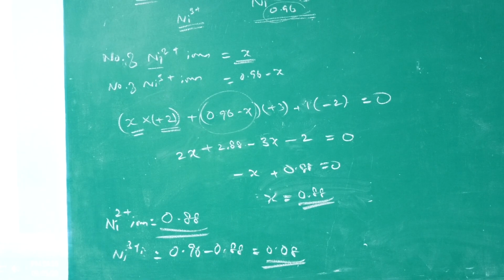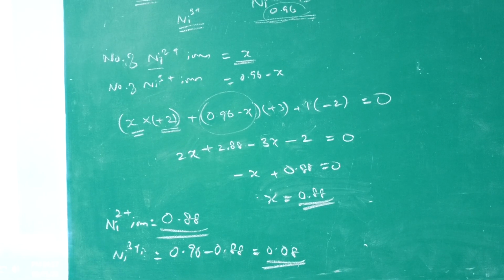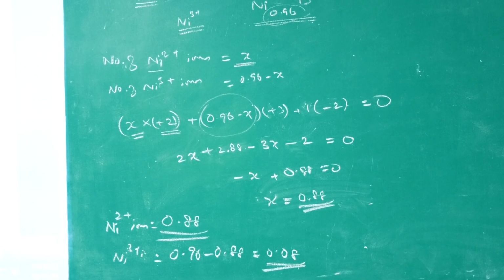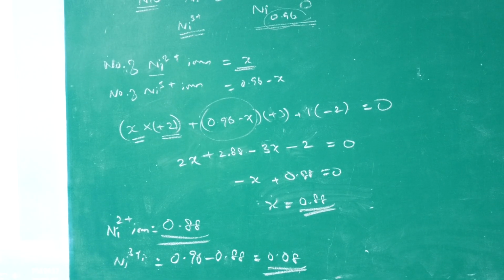So, nickel 2+ ion is present to the extent of 0.88 and Ni3+ to the extent of 0.08. The question is, what is asked?